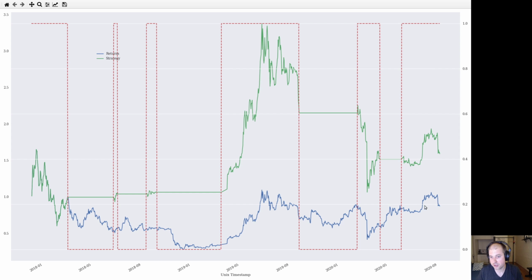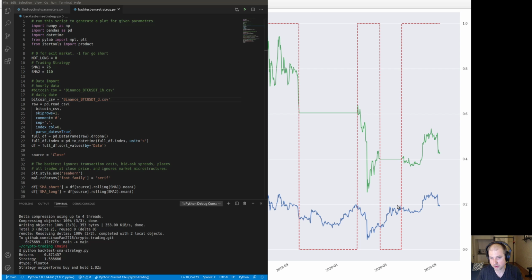Before we get too deep into that plot, let me show you what came out in the terminal here. During this time period, simply buying and holding, which is labeled returns, had a 0.87 return. So if you bought one Bitcoin at the beginning of this time interval and just held it, you ended up with 0.87 Bitcoin at the end.